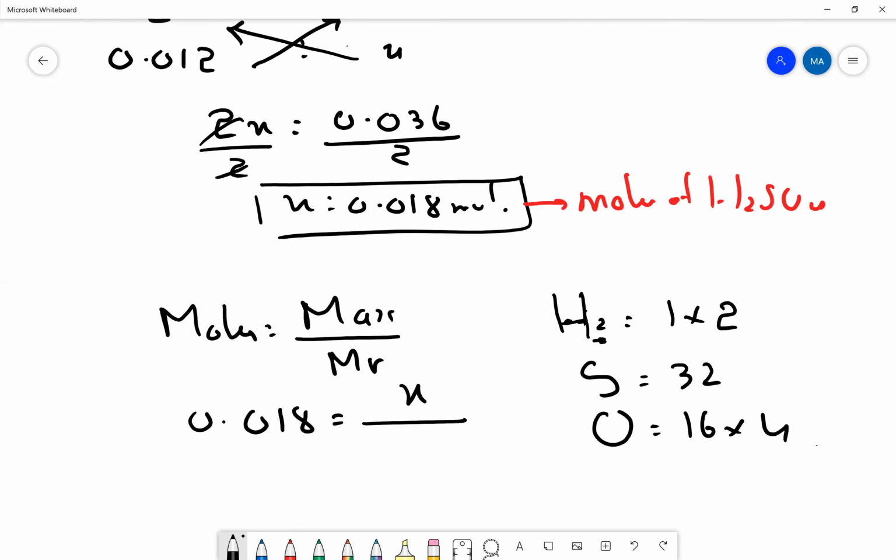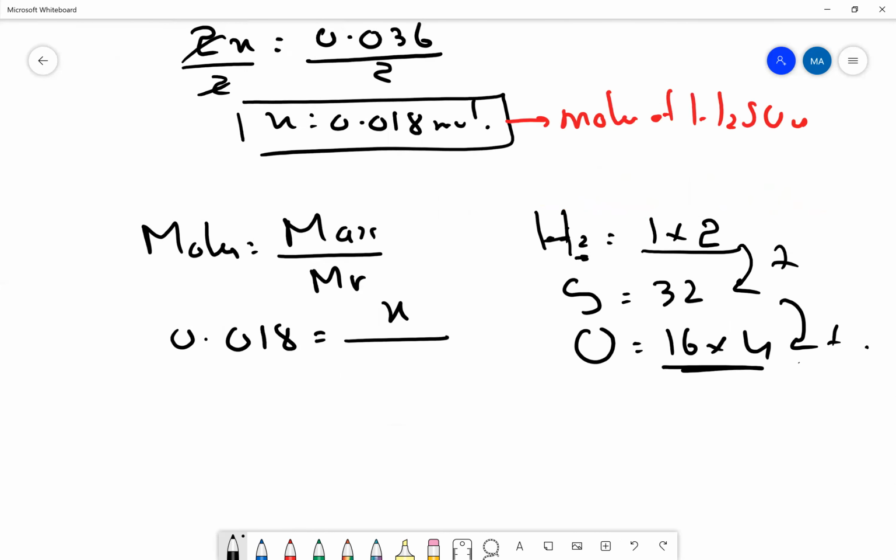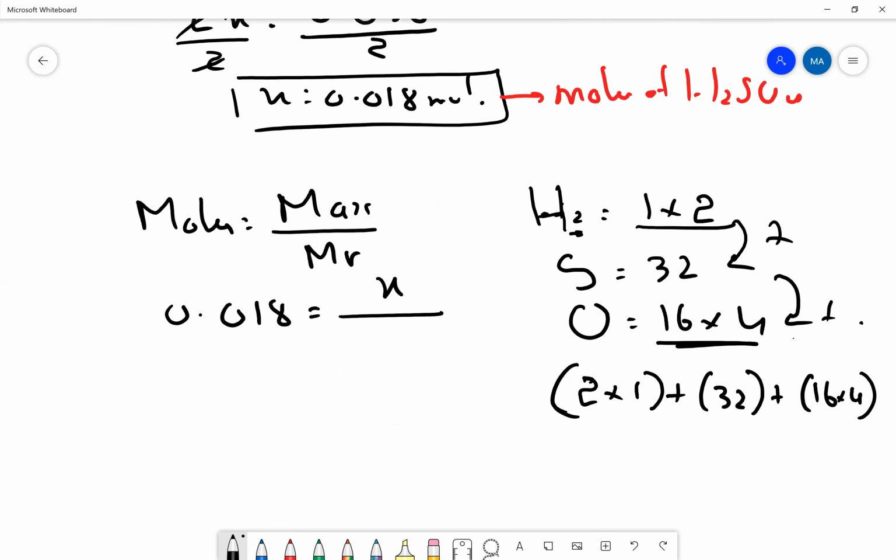Use a calculator and add all of these: multiply, then add 32, and then add 16 times 4. Could you check again for sulfur? Is it 32? Yes, it's 32. Perfect. So simply write this on the calculator and get the answer.